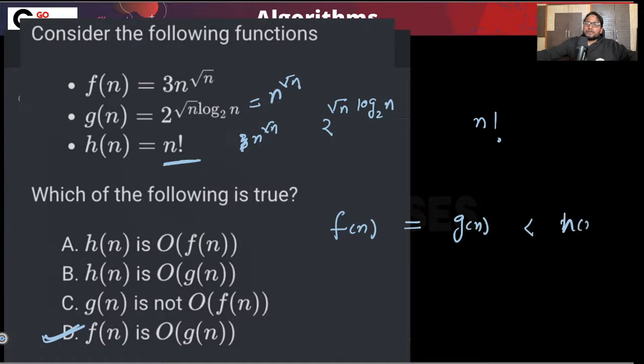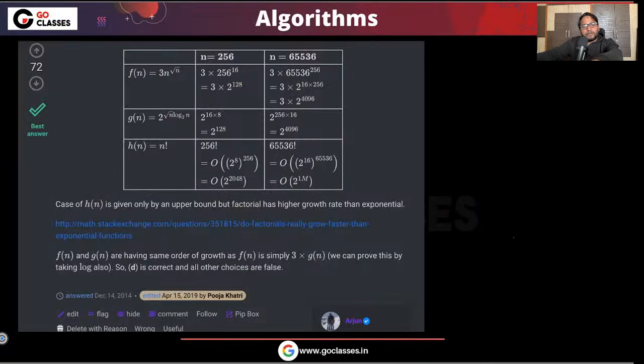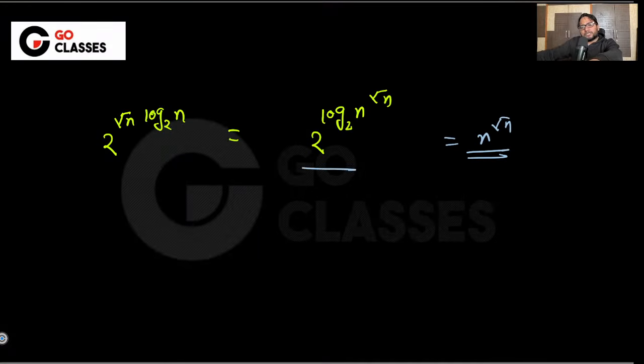Ideally I should be writing theta here. Asymptotically these two are the same, and this is strictly greater. So I think D is the correct answer. Easy question, but the only thing here is that you can see that this thing and this thing are the same.